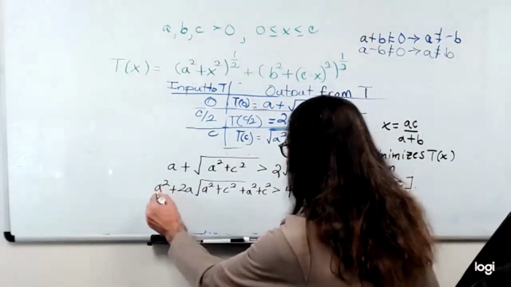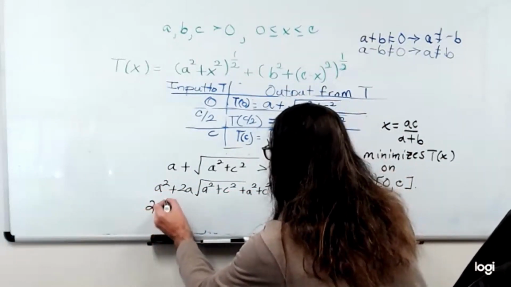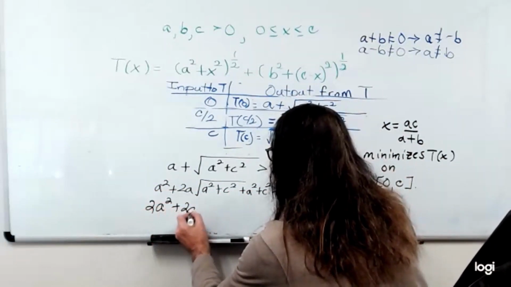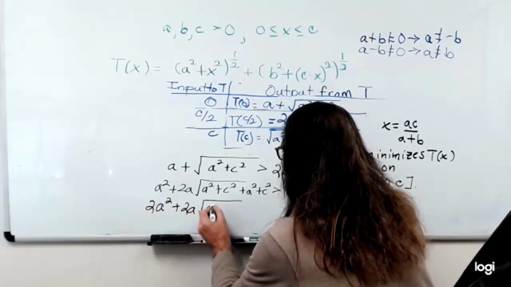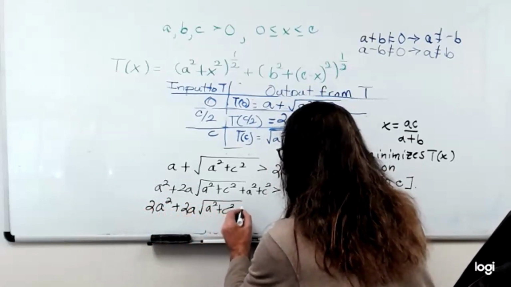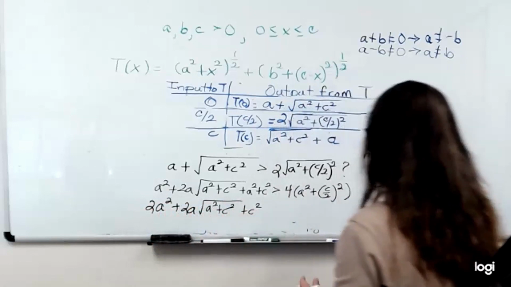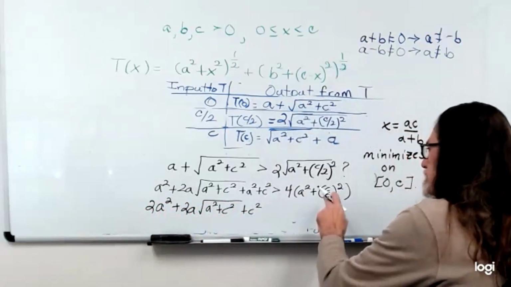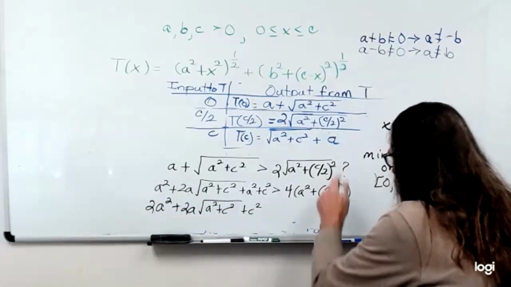Let's combine the like terms here. And square the c over 2.